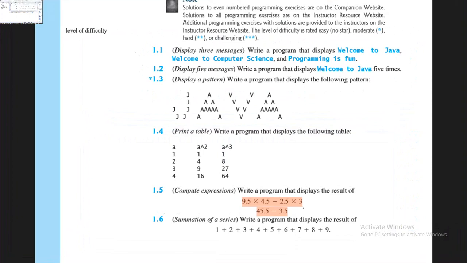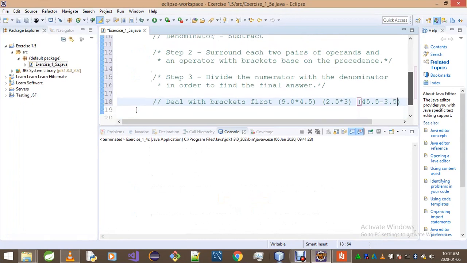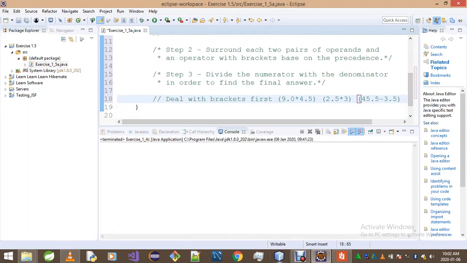It's actually minus 3.5. Okay, so our numerator looks like this.